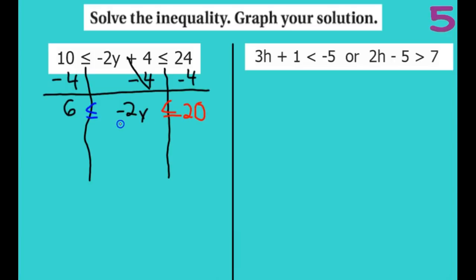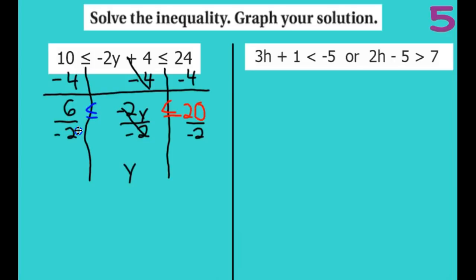So now to get y by itself, we have to divide by negative 2. What we do in the middle, we have to do to both sides. So divided by negative 2 and divided by negative 2. Y is now by itself.